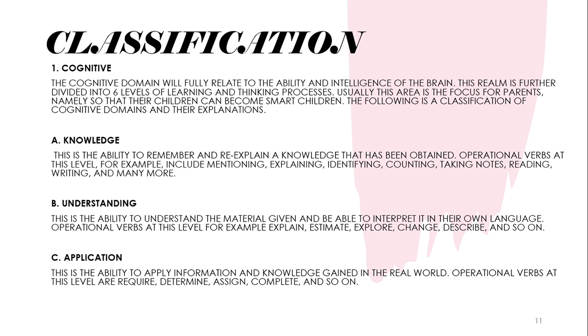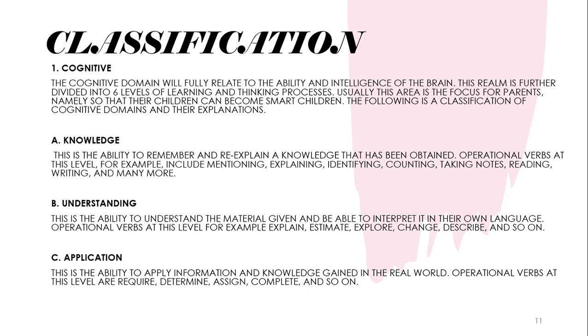The following is a classification of the cognitive domain and its explanation. First, knowledge. This is the ability to remember and re-explain knowledge that has been obtained. Operational verbs at this level include mentioning, explaining, identifying, counting, taking notes, reading, writing, and many more.